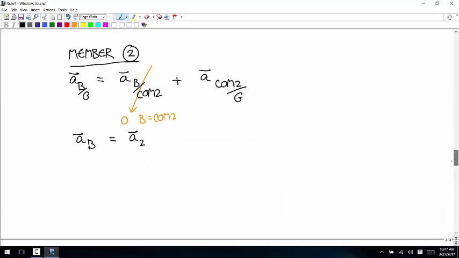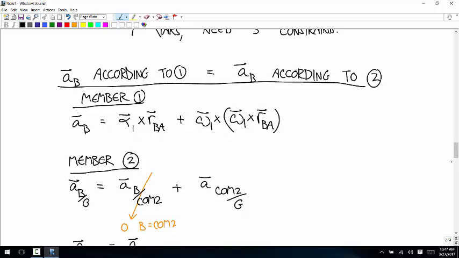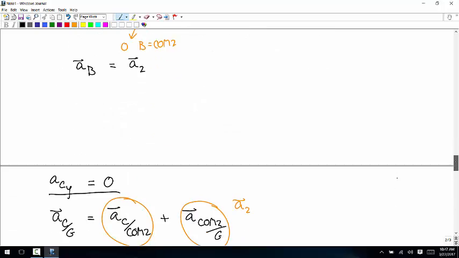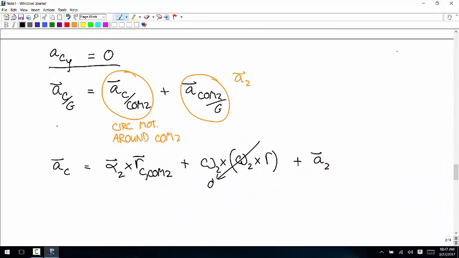A bunch of stuff went away here because we were at rest at that instant. And now from this expression, the y component is equal to 0. And that gives your third constraint. Then you can solve it.